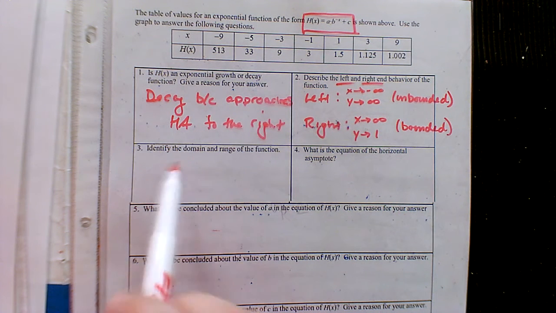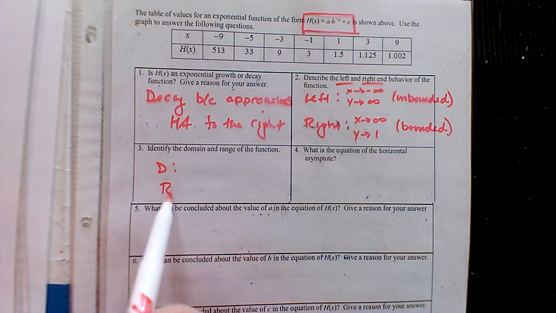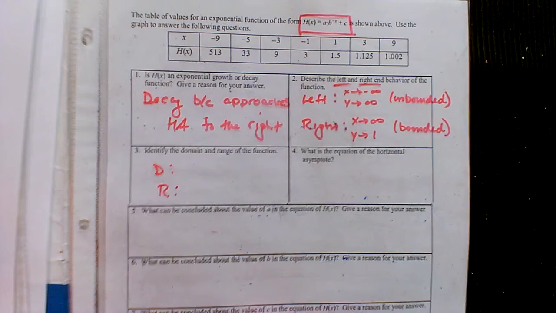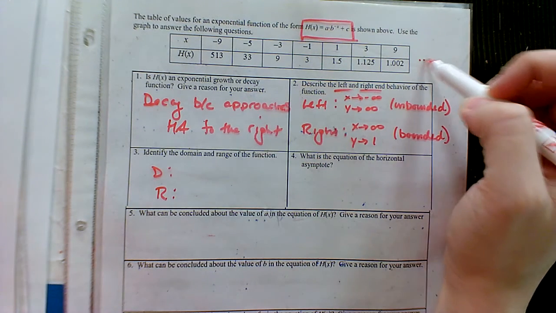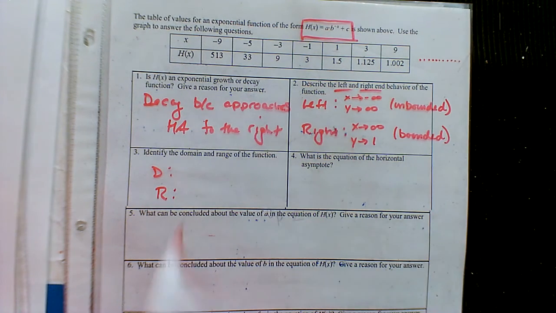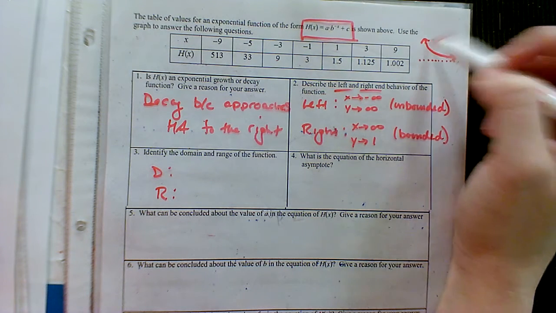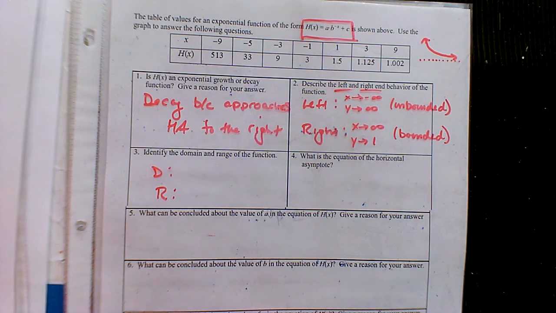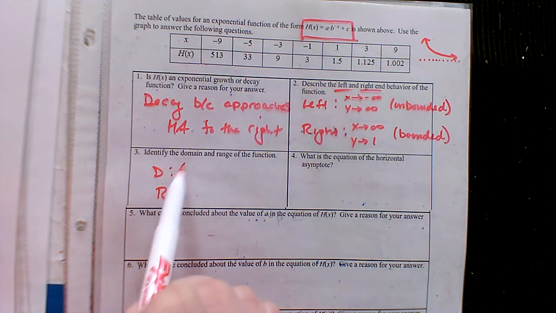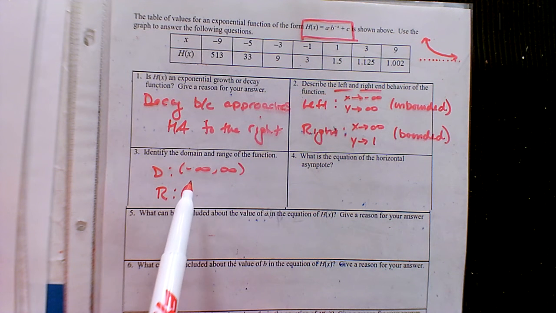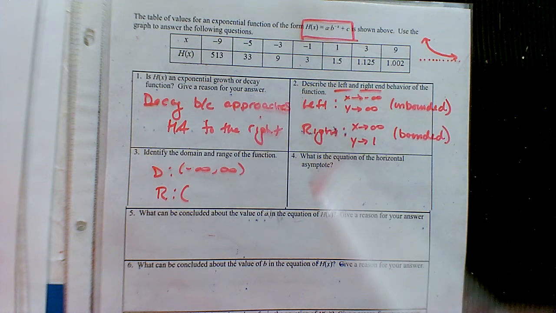Okay, what about domain and range? How far left, right, low to high? Maybe some of you tried to draw a picture of this to kind of make sense. We had a decay graph. Not negative infinity.